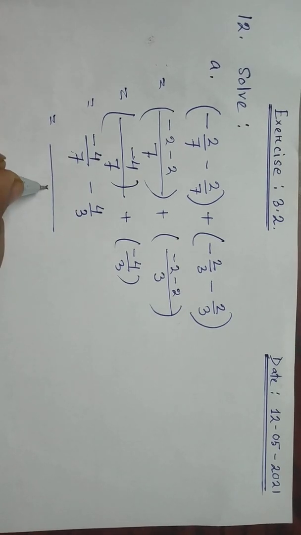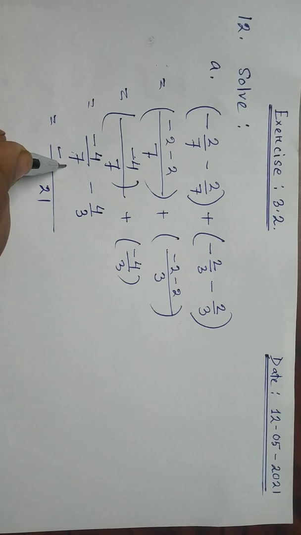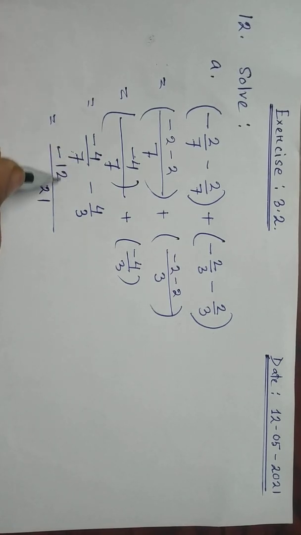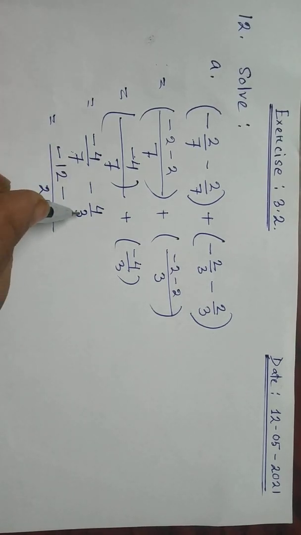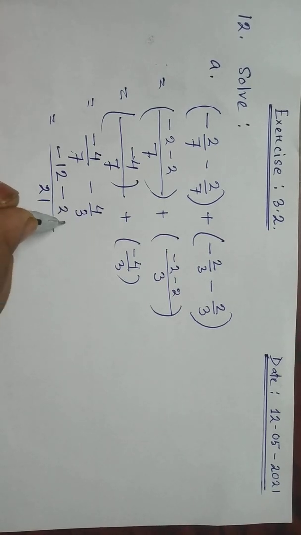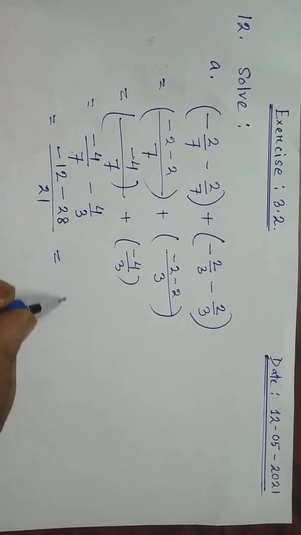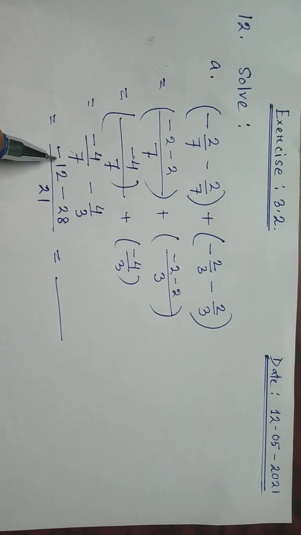7 3s are 21. Now if we divide 21 by 7, then we get 3, and 3 into minus 4 is equal to minus 12. 3 4s are 12. Again this one minus, if we divide 21 by 3, then we get 7, 7 4s are 28. That means how much?